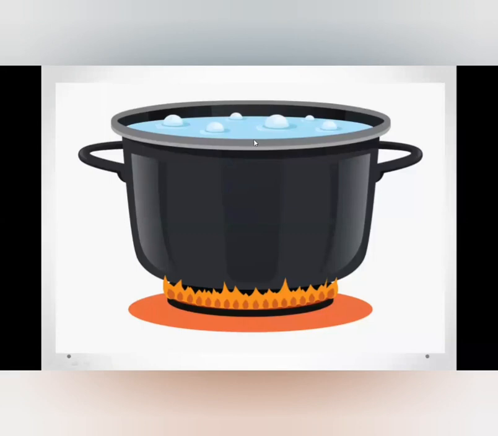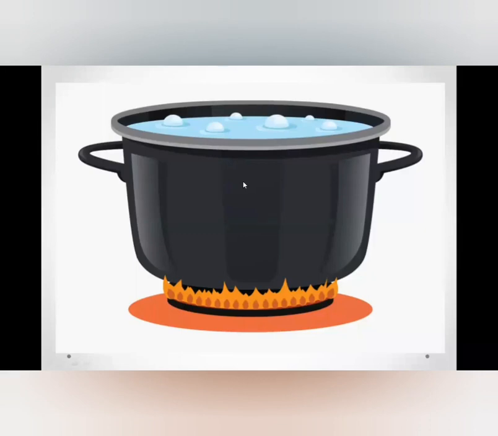The air particles or the oxygen which is present in the water also gets heated, so that the heated oxygen starts coming up.